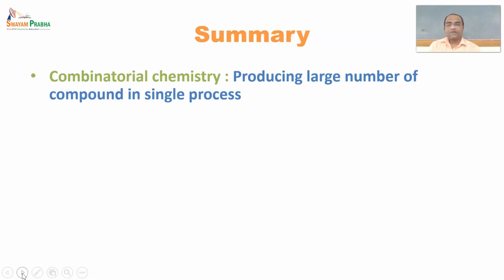In combinatorial chemistry, a chemist can synthesize multiple compounds in a single process, and a huge library is produced. Mainly, combinatorial chemistry has application in peptide synthesis.